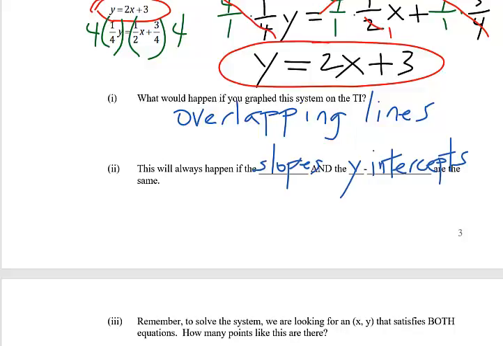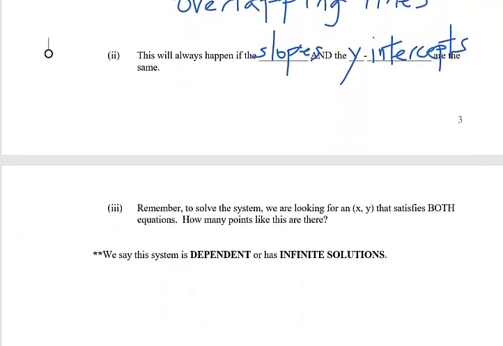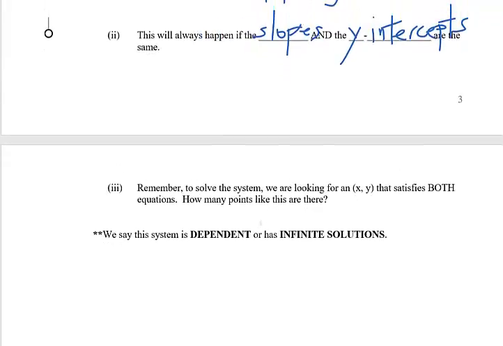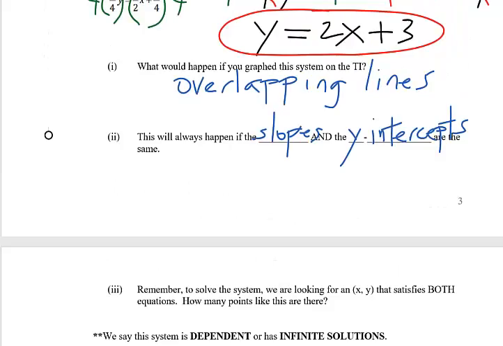Okay, so as it goes on to say, remember, the whole point here is we're trying to solve the system. That means we're looking for an x and a y that satisfies both equations. From a graphing perspective, that means we're looking for an x and a y that's on both lines. Now remember, we already know what this picture is going to look like, even though we didn't go to the calculator.